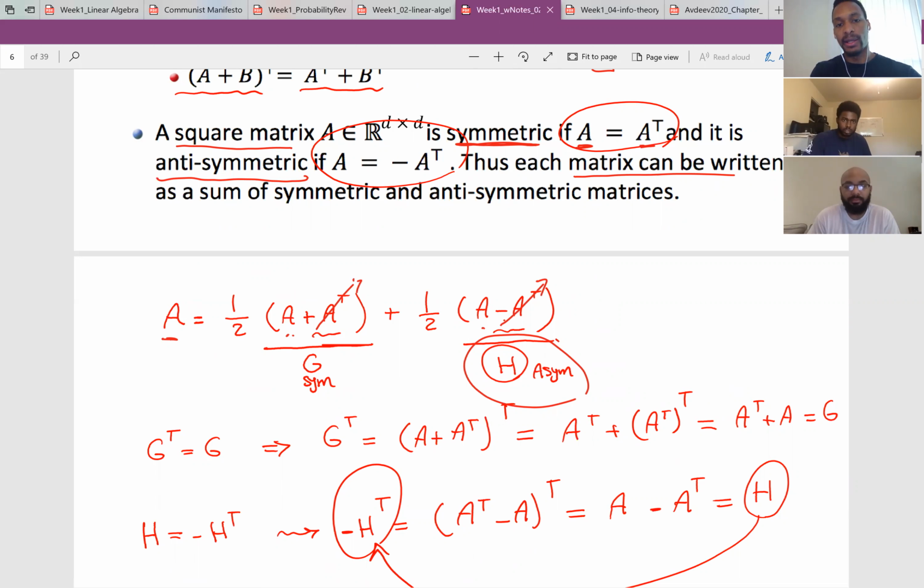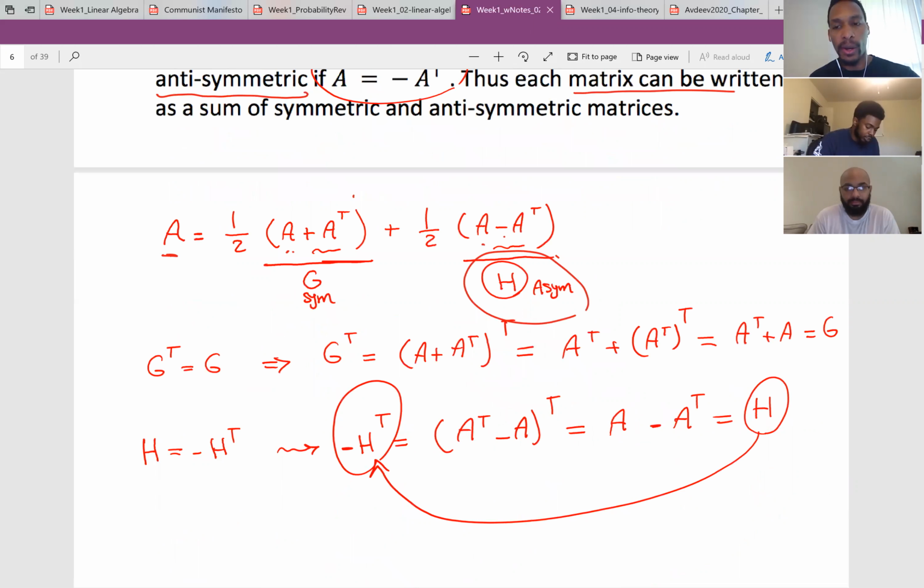Oh, I see. This is important because even for matrices that don't have symmetric properties, we can break them up such that they do. Mm-hmm. Each of these parts is symmetric.